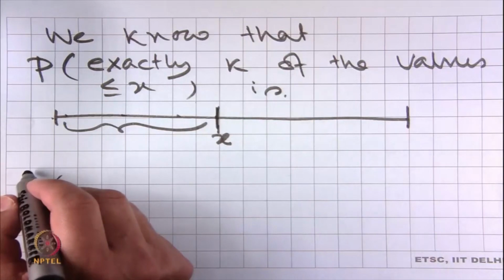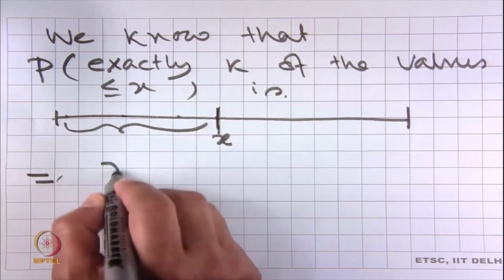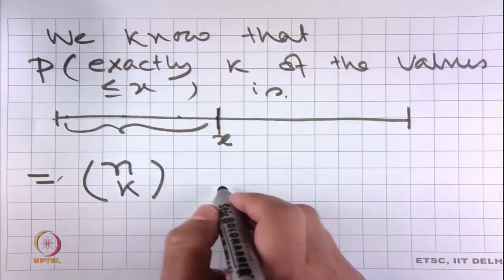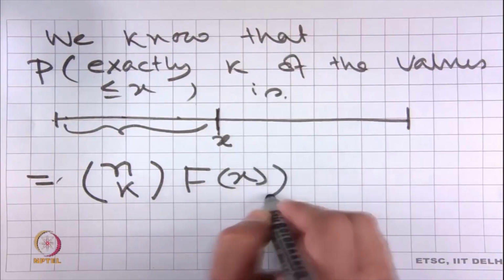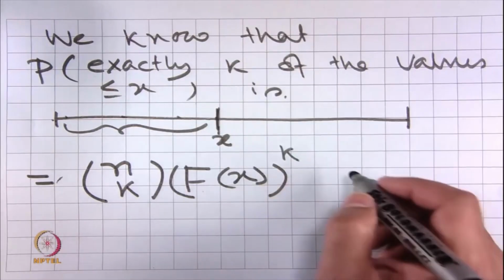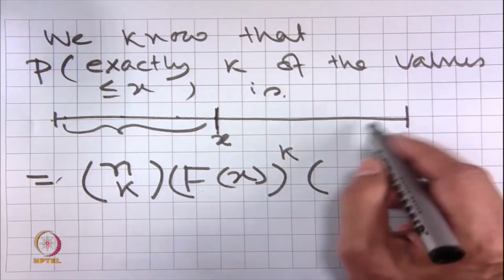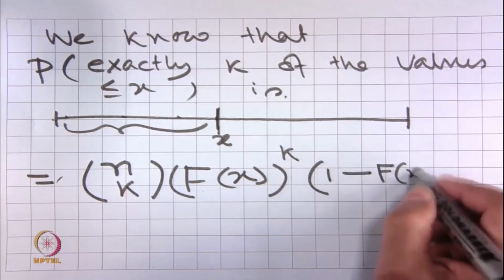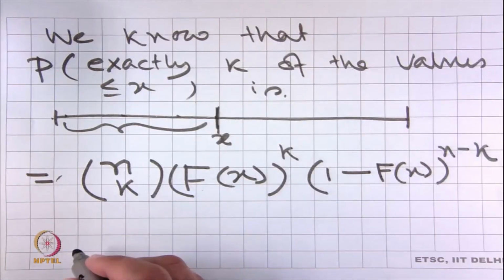Therefore, this probability is the number of ways of choosing k out of n, nCk, all of them having values less than x, so F(x) to the power k, and all the remaining ones are above x, so it is (1 minus F(x)) whole to the power n minus k.